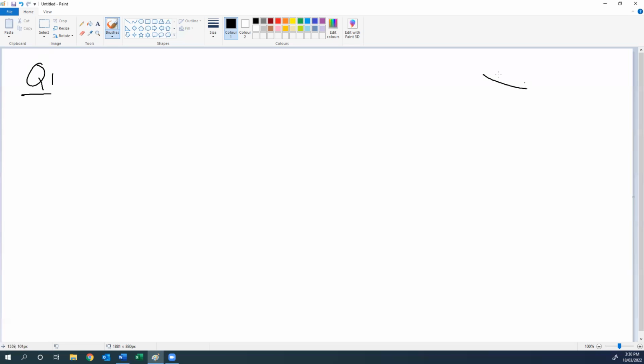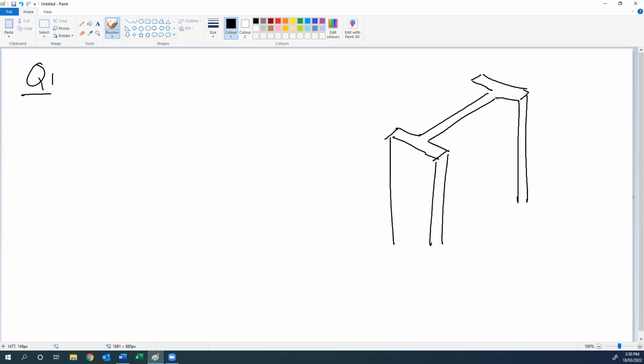Okay, we have an I section. This is the cross section of the I beam or I section.